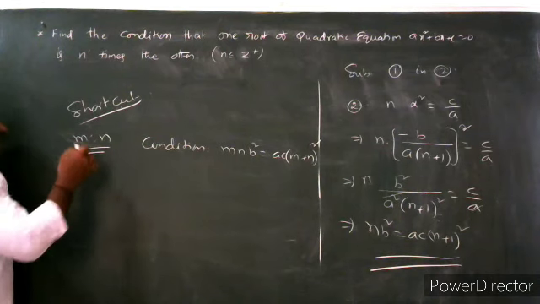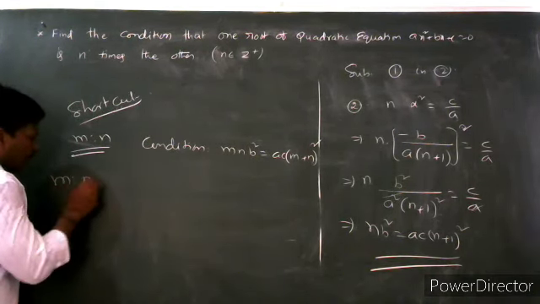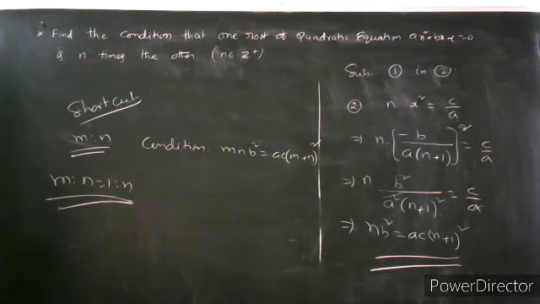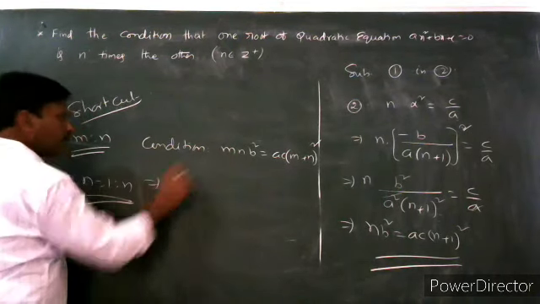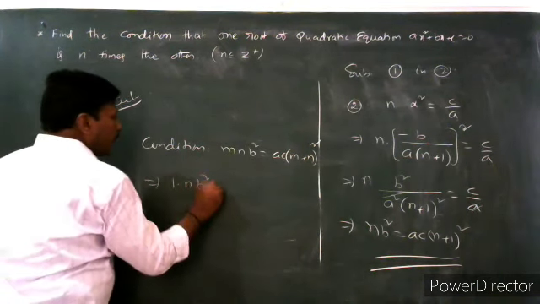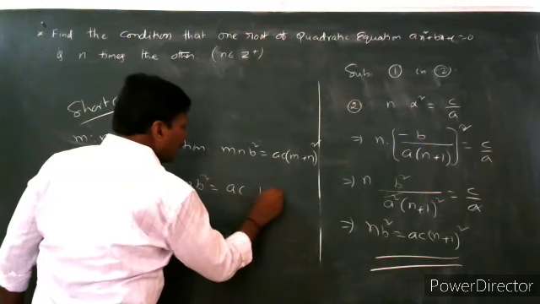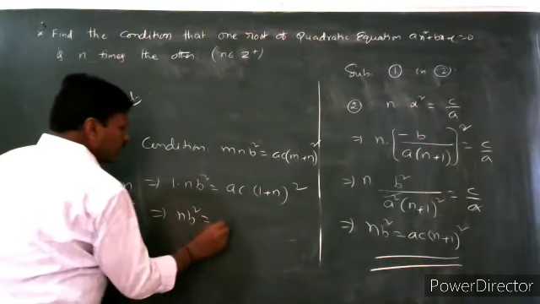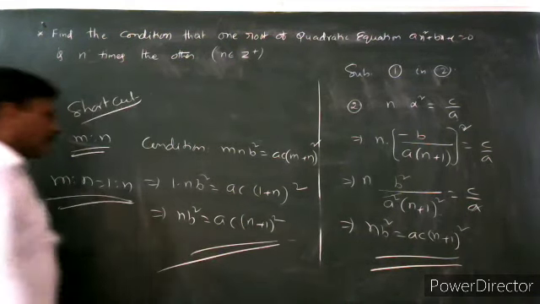Here one root is n times the other. That means m is to n is equal to 1 is to n. So substitute here: m means 1, so 1 into n into b² is equal to ac into (1 + n) whole square. That implies nb² = ac(n + 1)².